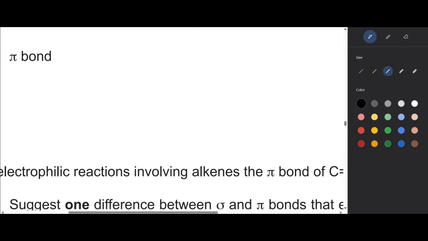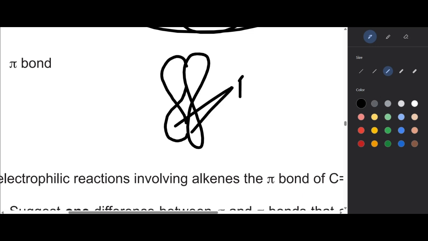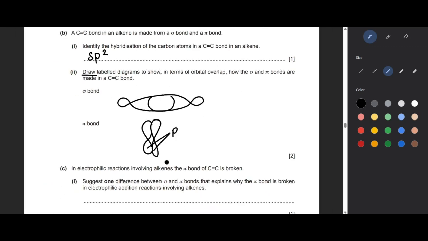And for the pi bond, it is like this. And this is the p orbitals.